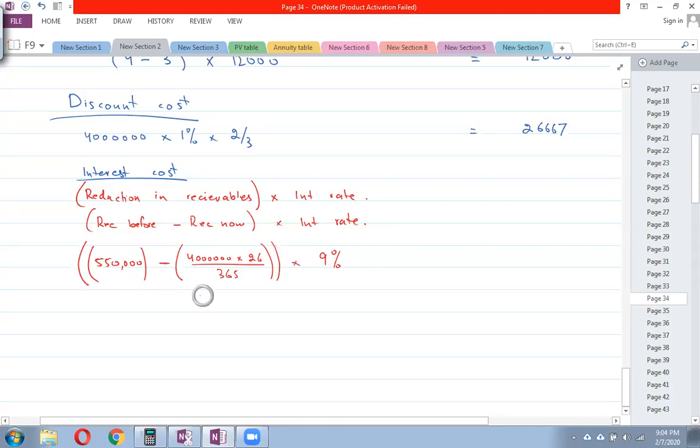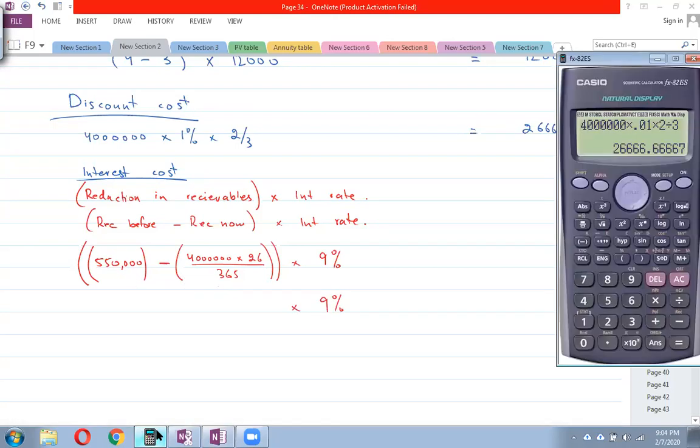Can you actually give me the reduction in the receivables first? Can you actually give me an answer for this? 4 million into 26 divided by 365. So it's 284,931 and before was 550,000. So receivables has reduced by this much.